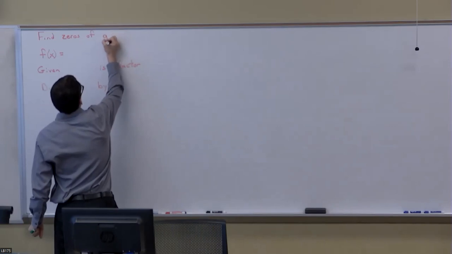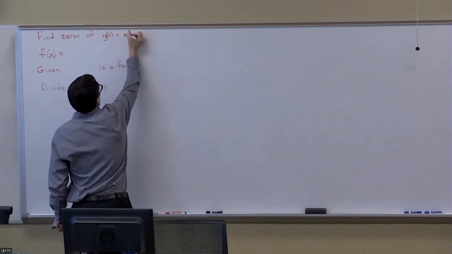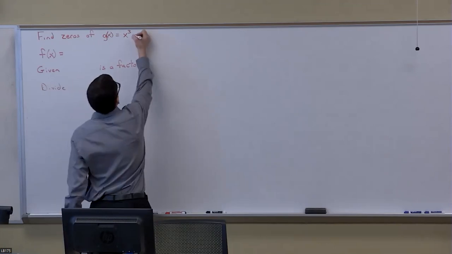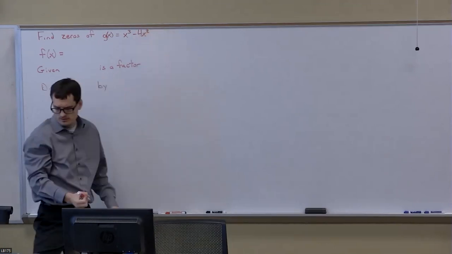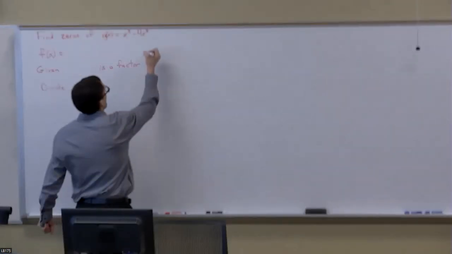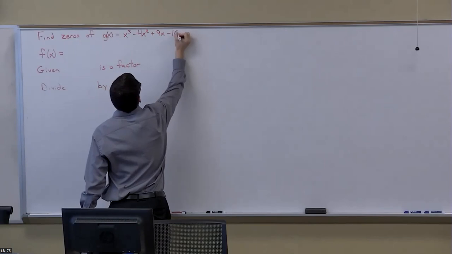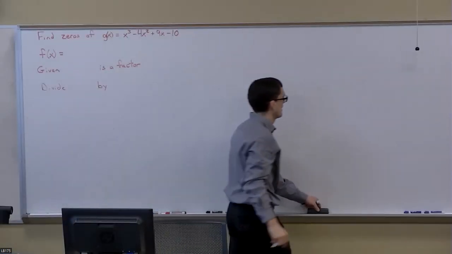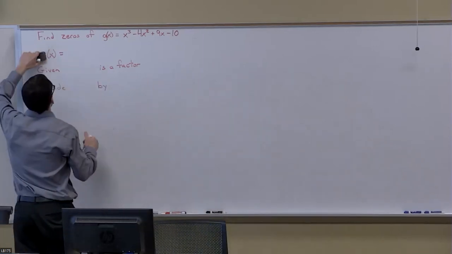Really doesn't matter what you call these things, they're just a function. Let's do x to the third minus 4x squared plus 9x minus 10. Oh, shoot. Should have written it here.